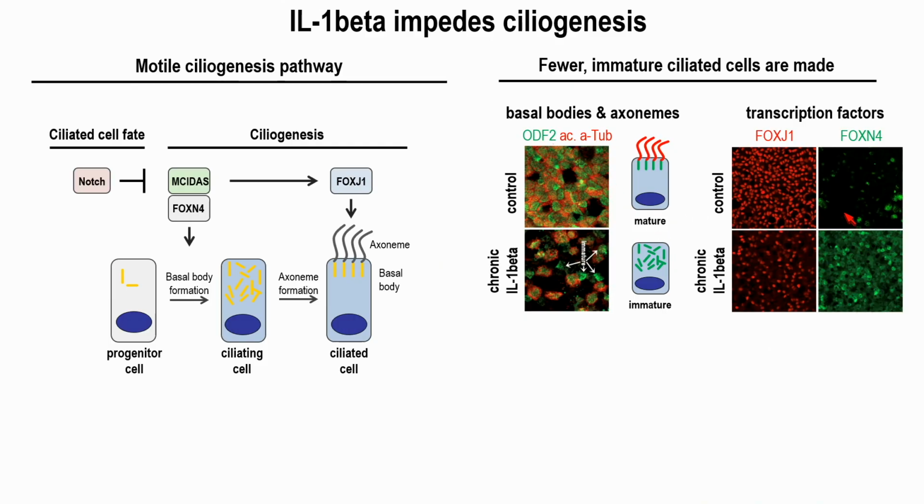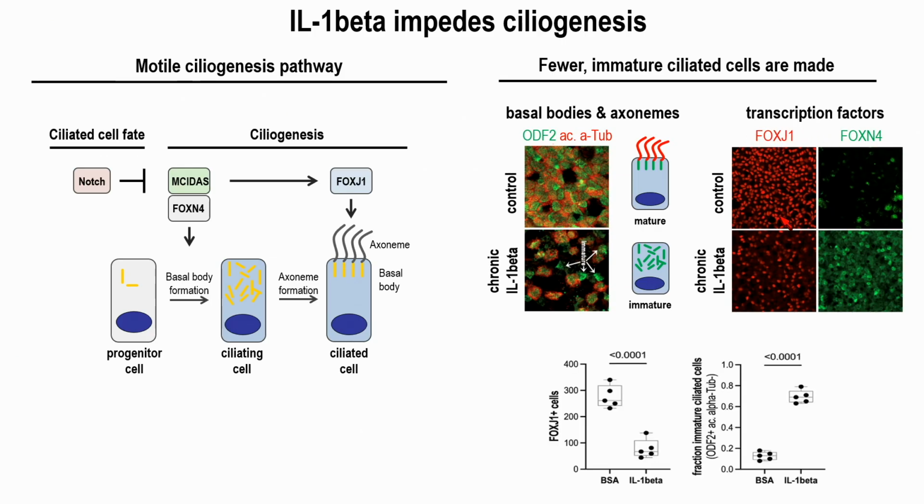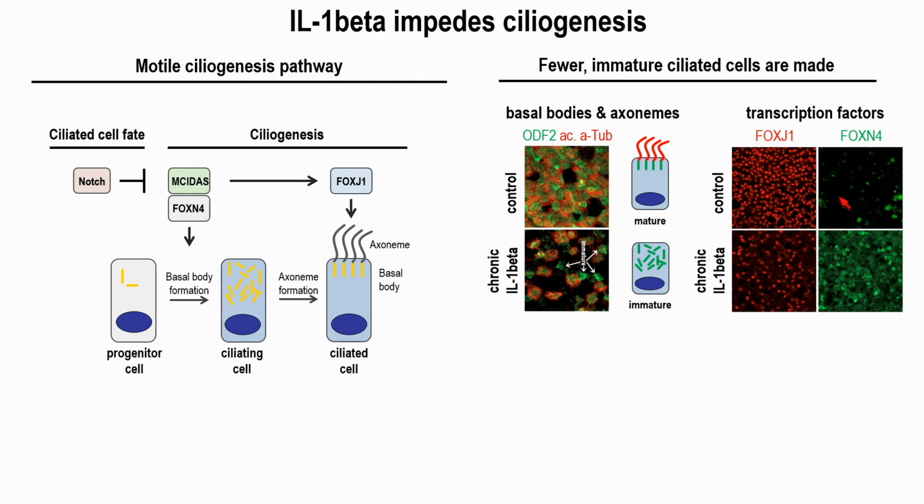When we look at transcriptional factors of ciliogenesis, we can see in the control that we have a lot of FOXJ1, which is a late marker of ciliated cells, and we have a decrease in FOXN4, which is an earlier ciliogenesis marker. However, with chronic IL-1 beta treatment, we see the exact opposite trend. We see fewer FOXJ1 positive cells and more FOXN4 positive cells, indicating again that these cells are not becoming fully mature ciliated cells.